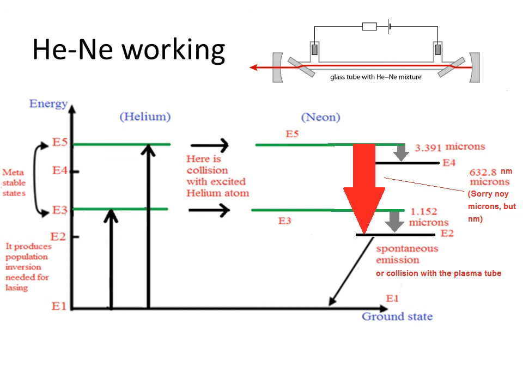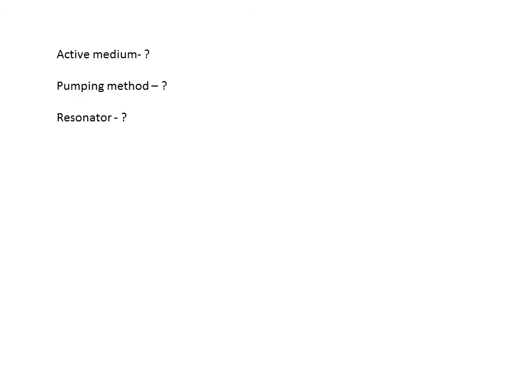Now all the atoms have come down to the ground state, but the discharge is still there, the electric field is still there, so all the atoms will again go to the upper laser level and the process will continue. Since the source of pumping is available continuously, we will be getting continuous output also. So this is the working of helium neon laser.